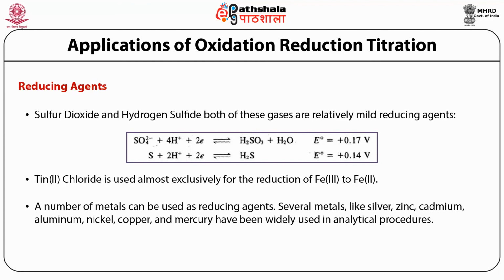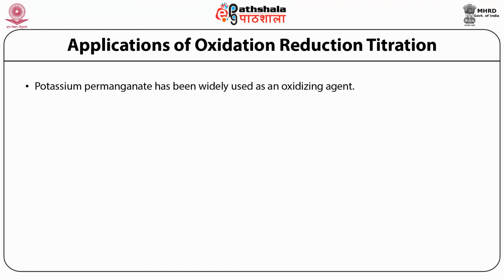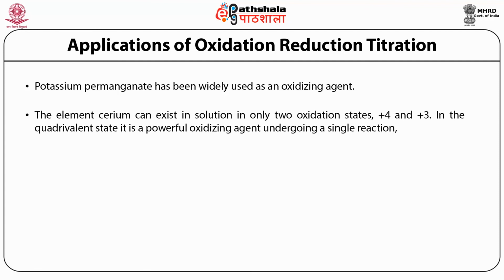A number of metals can be used as reducing agents. Several metals, in particular silver, zinc, cadmium, aluminium, nickel, copper and mercury, have been widely used in analytical procedures. Potassium permanganate has been widely used as an oxidizing agent. The element cerium can exist in solution in only two oxidation states, plus 4 and plus 3.